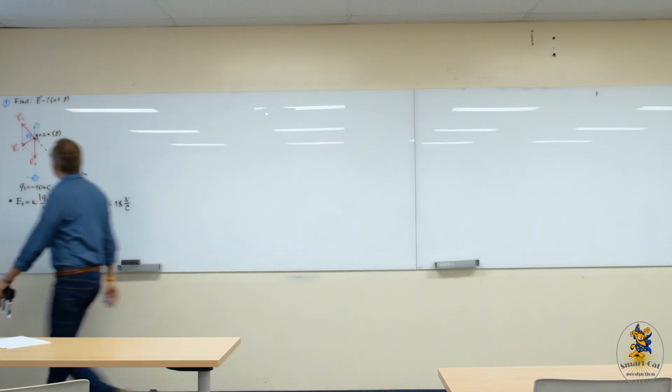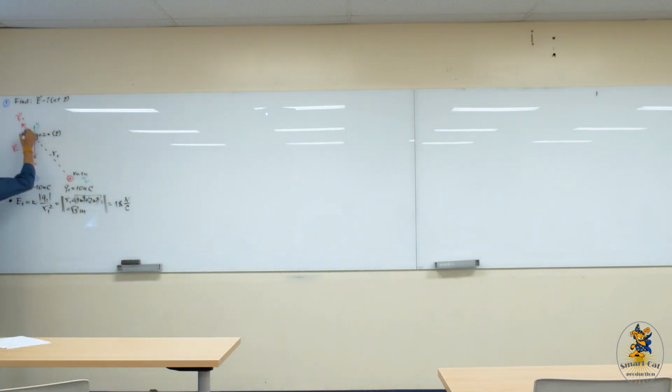All right, and so now, of course, we need to find components. So this will be our y component, E1y, and this will be our x component, E1x, right? X and y components. Okay, great. But of course, first we need to find the value of that angle.